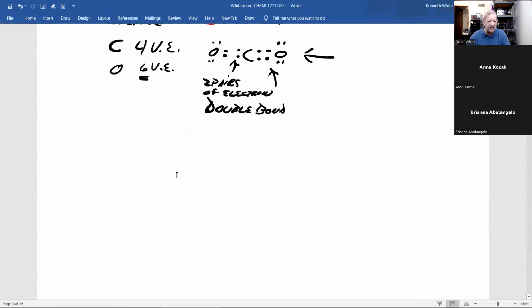And the same question would be, draw the Lewis structure for KOH, which is potassium hydroxide.